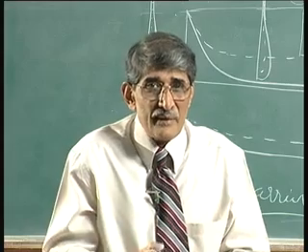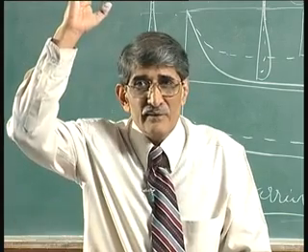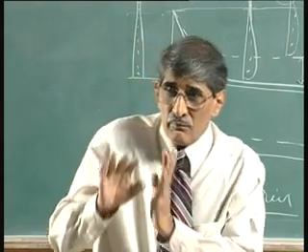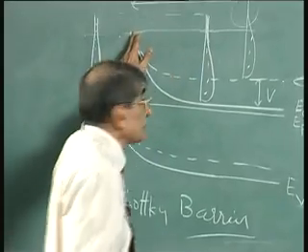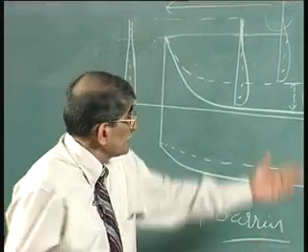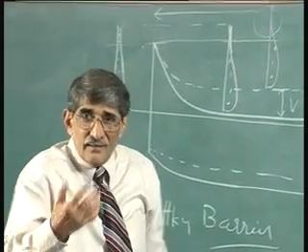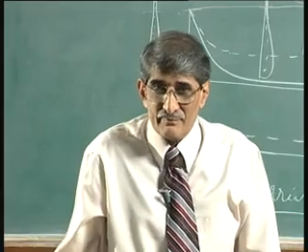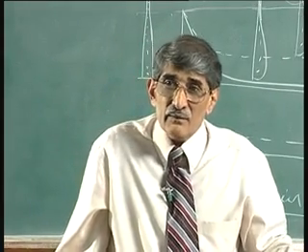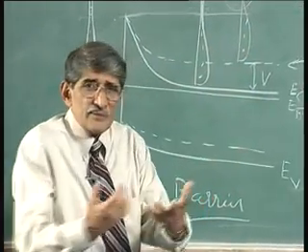In the case of the Schottky barrier, in the metal you have got of the order of 10 to the power 22, 23 electrons per centimeter cubed. What number of electrons are crossing this barrier here? If this is 10 to the power 16, it is a much smaller quantity compared to that. It is n n0 e to the power minus V by Vt, related essentially to the voltage.